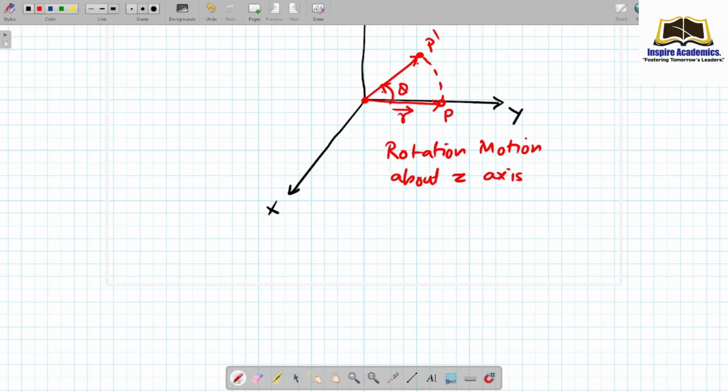So what do we say? We will have angular acceleration of the body.